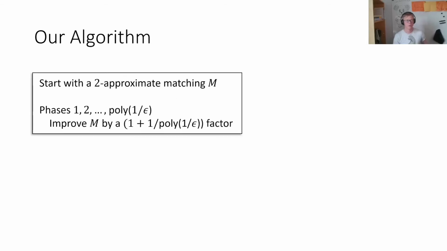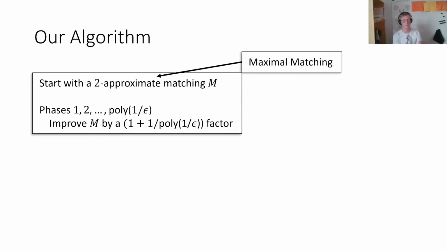And the outline for the algorithm is of the following type. We start with some constant approximation, and for example here you can get this 1/2 approximate matching by running the trivial maximal matching algorithm.